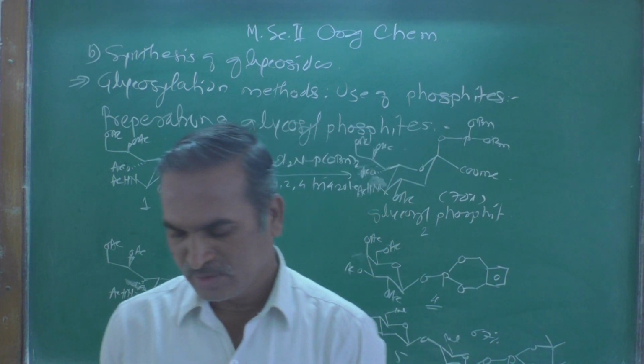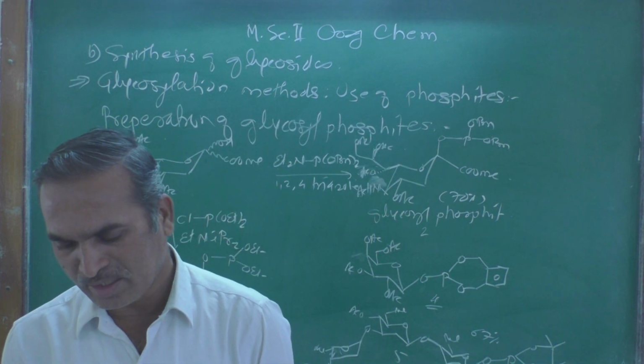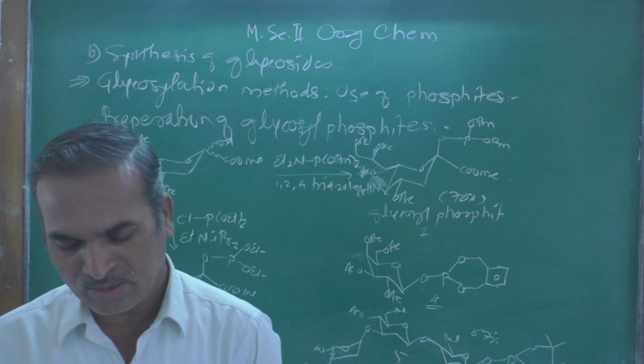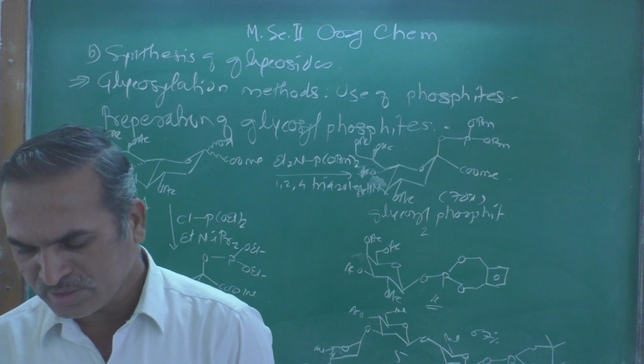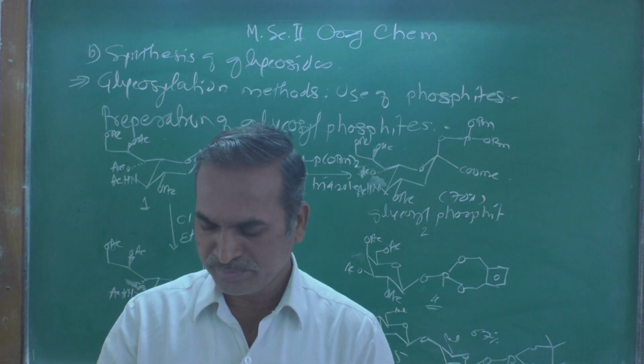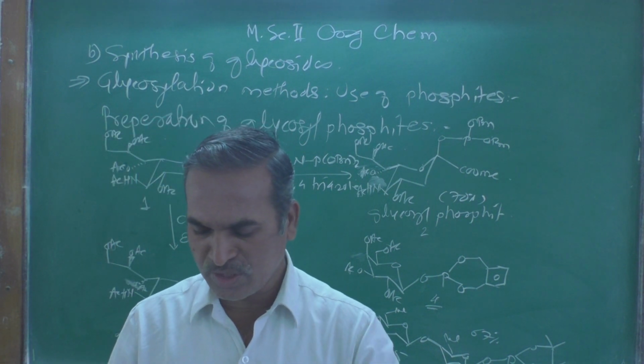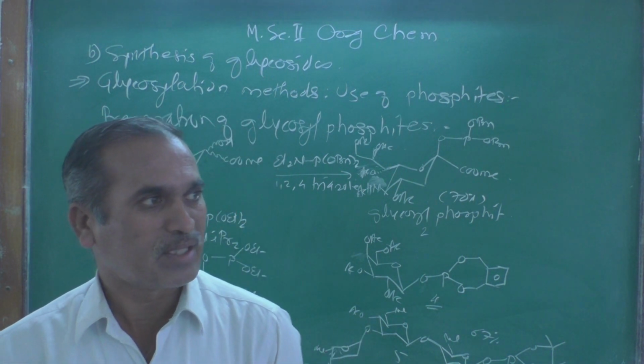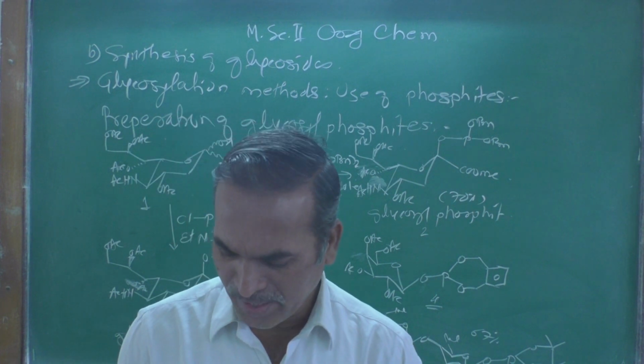Now the next point, we are going to learn about glycosylation using glycosyl phosphate. The first catalyst used to activate the glycosyl phosphate was TMSOTf, that is trimethylsilyl triflate.